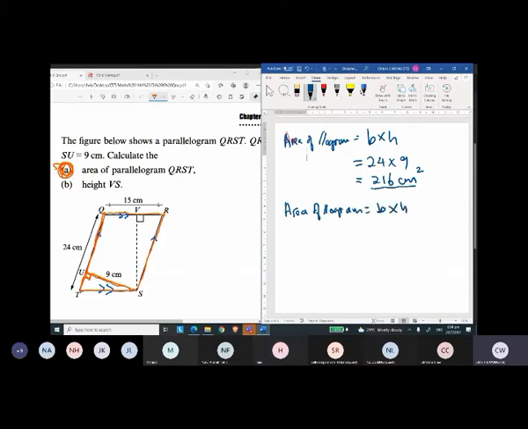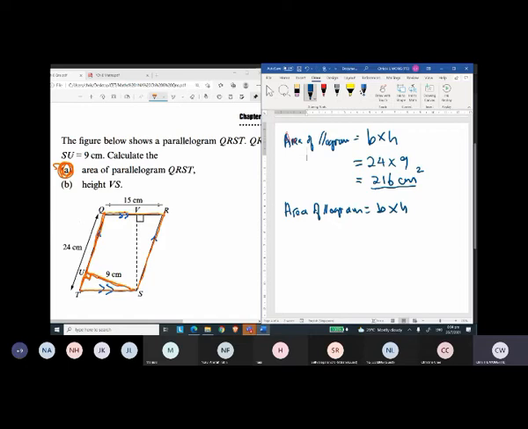Now, your base can be 15, can be 24. Do you all agree? If you take the base as 15, the height will be VS. If you take the base as 24, the height will be 9. So it depends on which one you take.